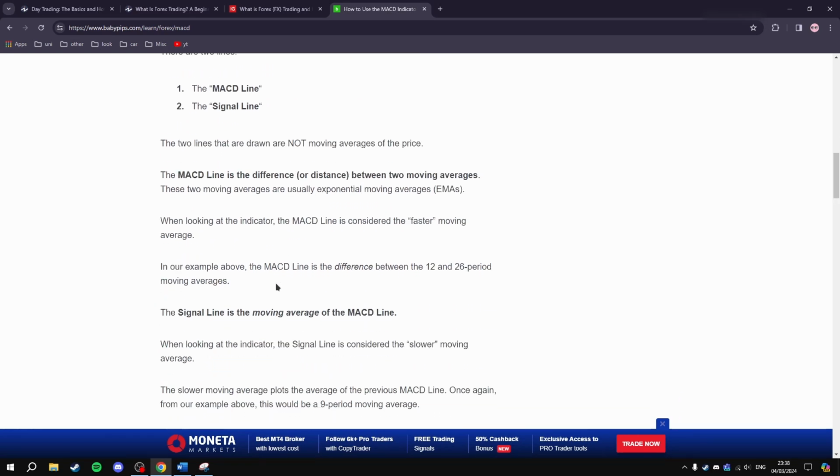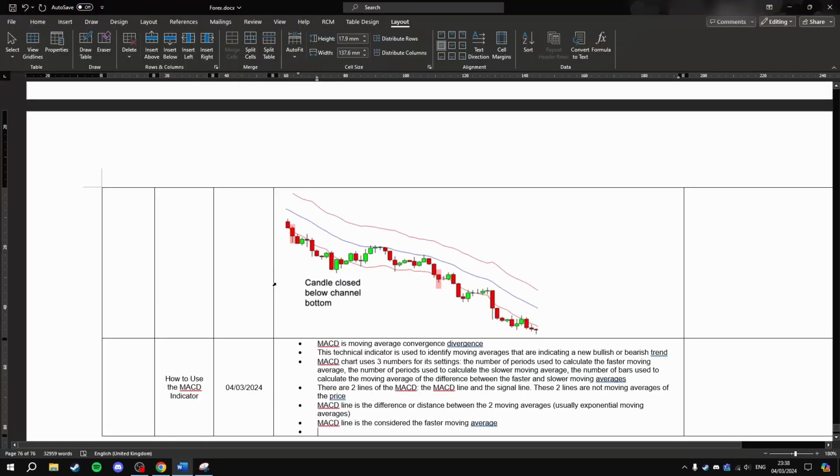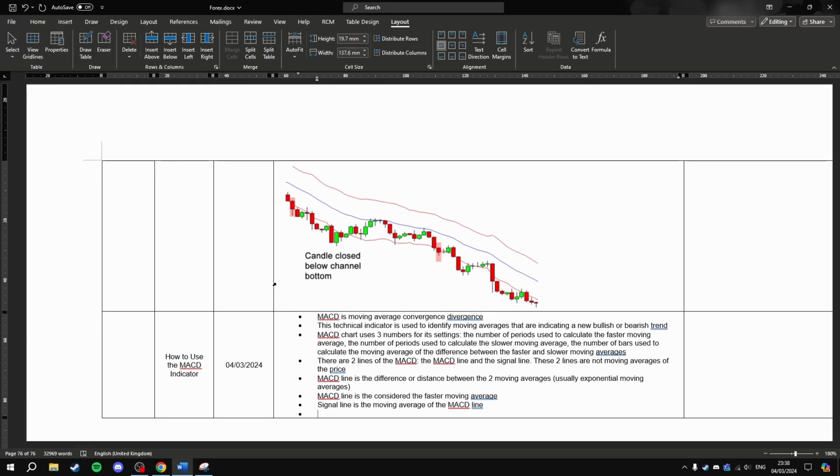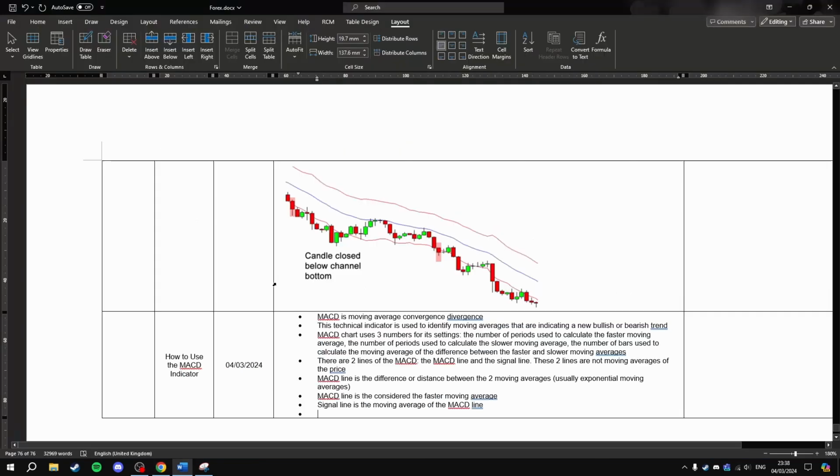The signal line is the moving average of the MACD line. Okay, so the signal line is the moving average of the MACD line. How can you have a moving average of the difference? When looking at the indicator, the signal line is considered the slower moving average.